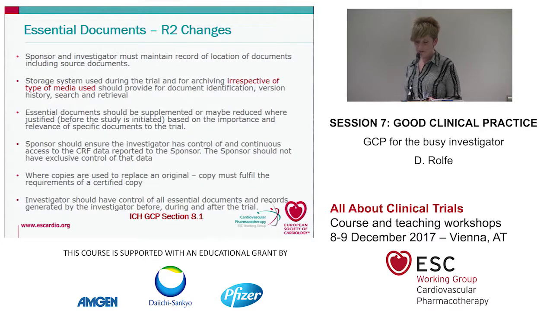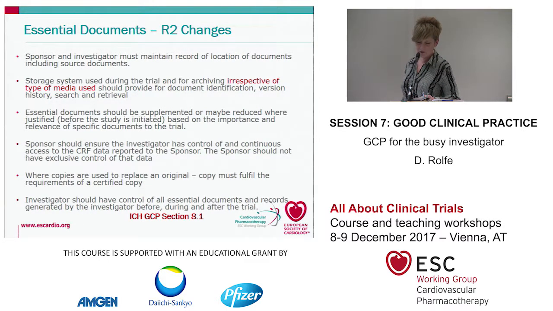The sponsor and the investigator must maintain the record of location of the documents, including the source documents. So if you haven't got those documents in your files, your site files or your trial master file, then there needs to be a note to say exactly where they are and how they can be referenced or got at.